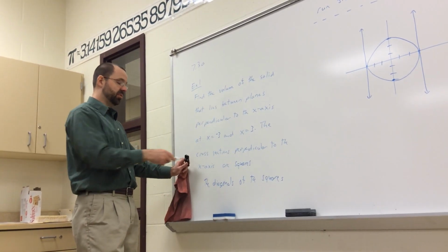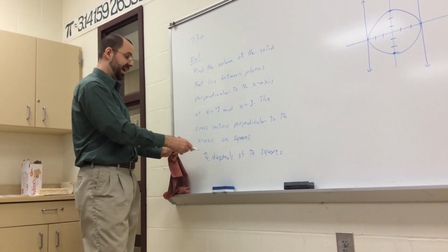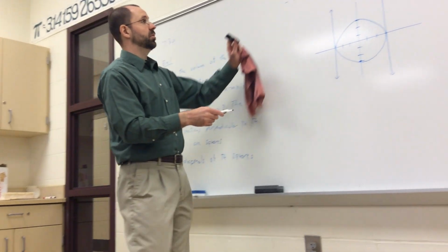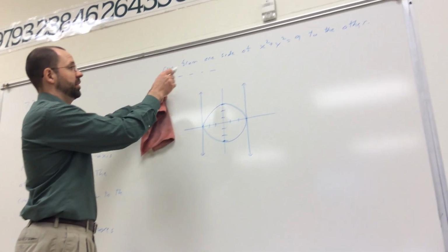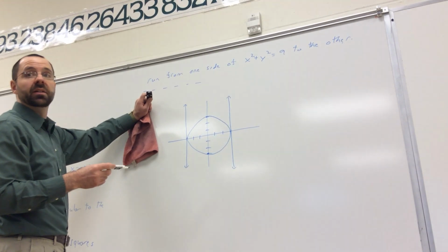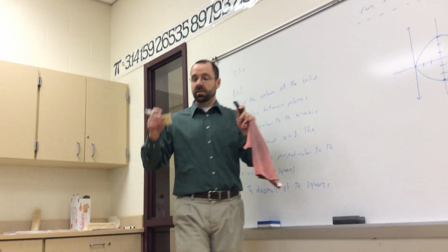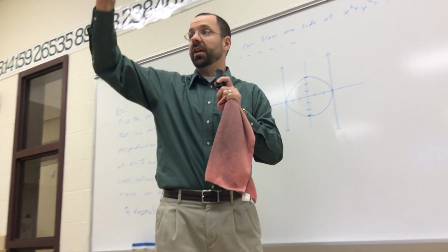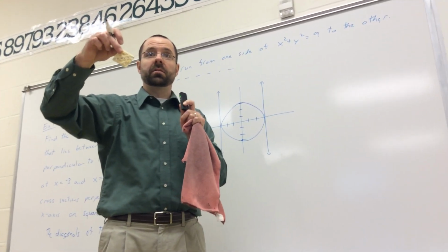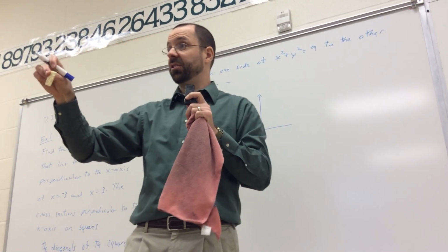So the cross sections are squares. The diagonals of the squares run from one side of x squared plus y squared equals 9. So it's talking about the diagonals of the squares. So that's the blue line there, right? That's the diagonal of this square.